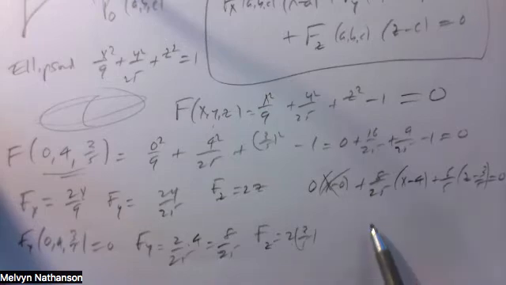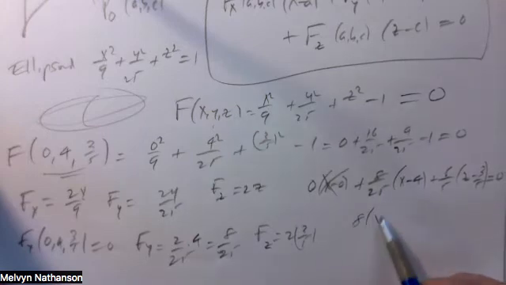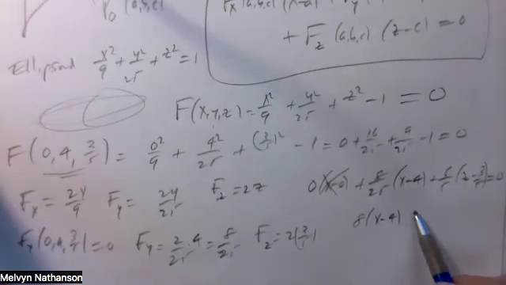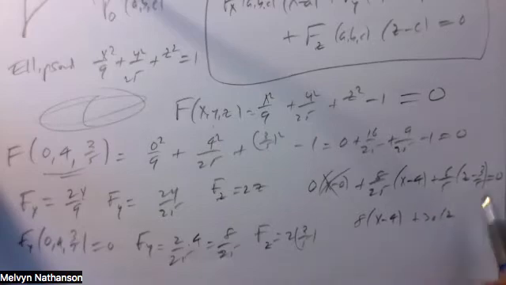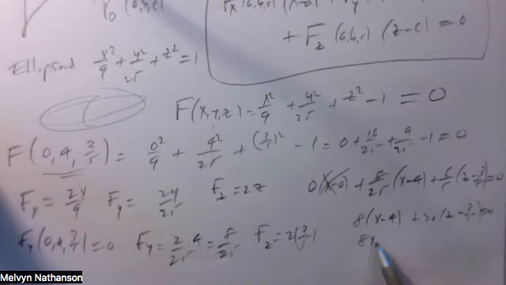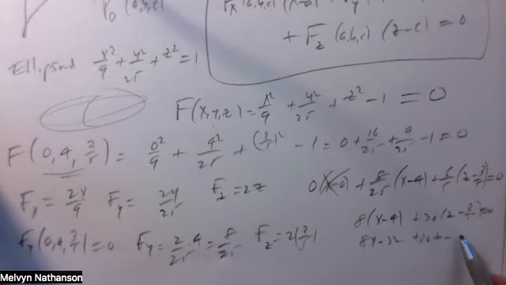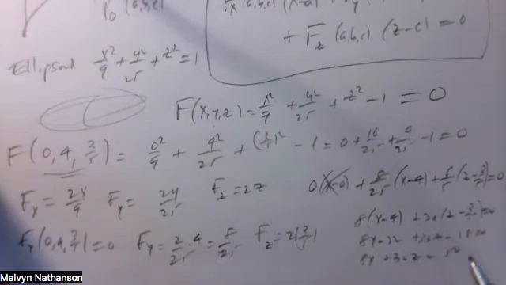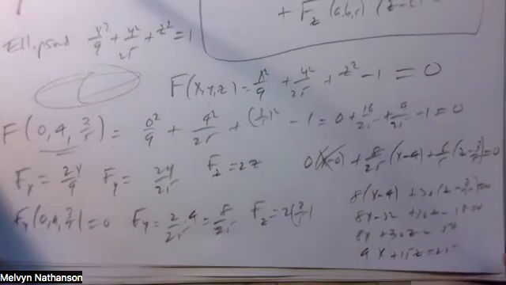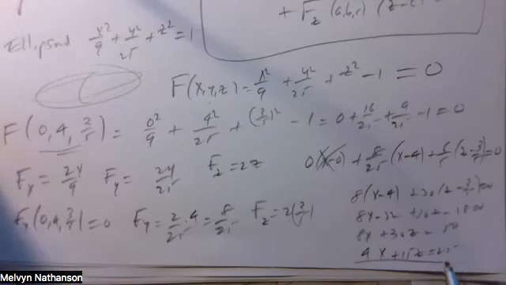Or this is the same as 8 times x minus 4 plus 30 times z minus 3/5 equals 0. 8x minus 32 plus 30z minus 18 equals 0. So 8x plus 30z equals 50, or 4x plus 15z equals 25. That's just arithmetic.